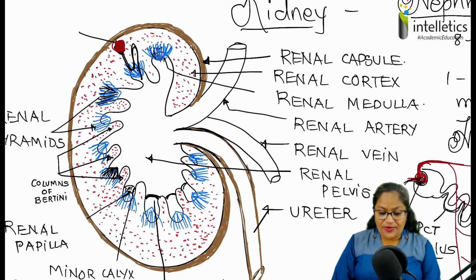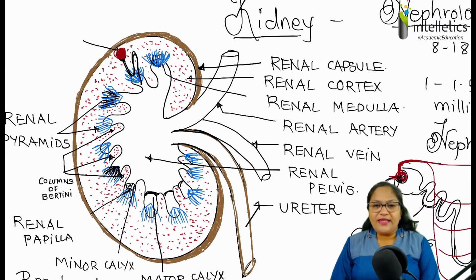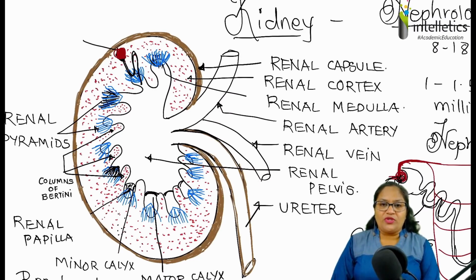These renal pyramids appear slightly lighter in shade compared to the renal cortex, because there the blood vessels are fewer compared to the glomerulus present in the Bowman's capsule. So here we find it slightly lighter in color, and it also looks striated. It appears striated because of the presence of the tubular portion, which ultimately converges at the tip of the renal pyramid, called the renal papilla.